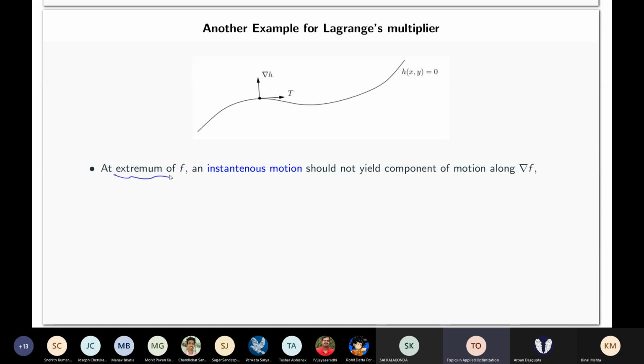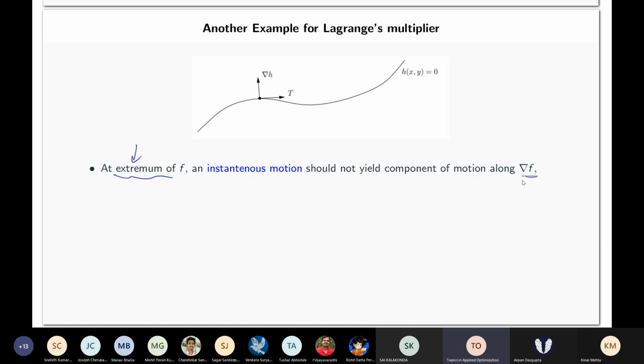So at an extremum, we are making a general statement here. We are not necessarily talking about maxima or minima, let us say either one. At an extremum, the instantaneous motion should not yield a component of motion along grad f. That's what we discussed.